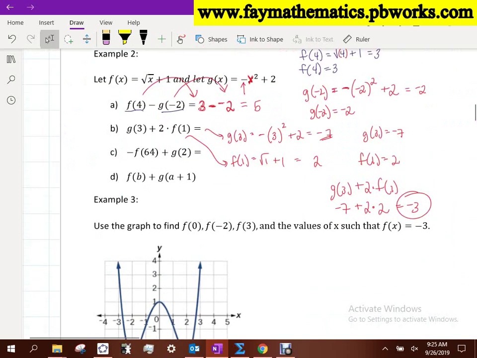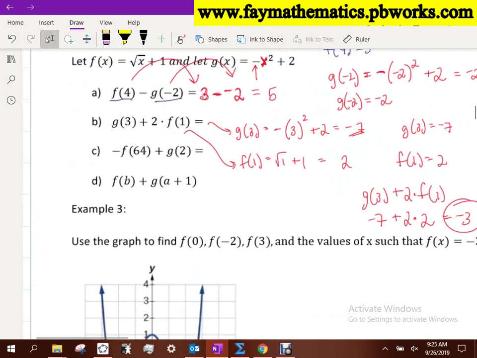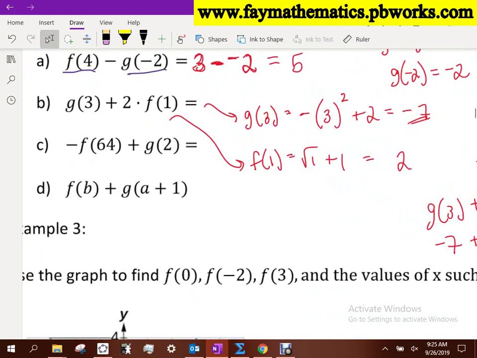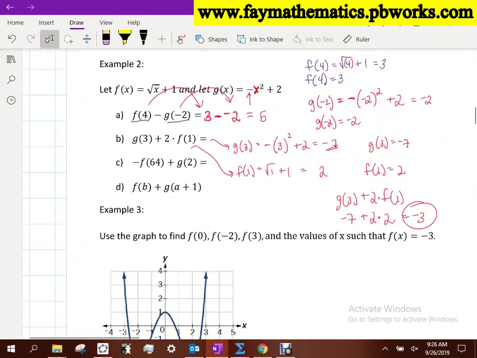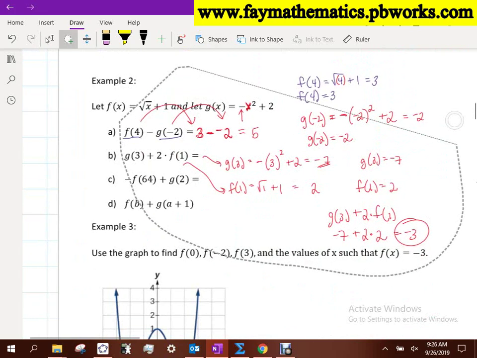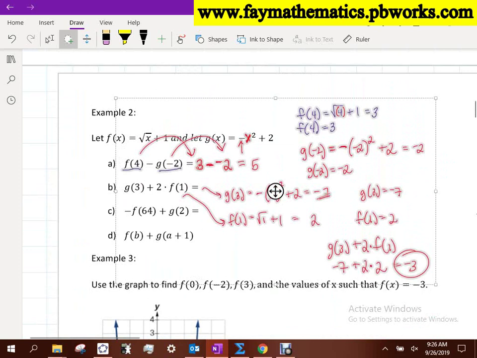All right, so yesterday we were working on these, and we got down to, I don't think we did C, but I want to work on part D here. So let me take that.